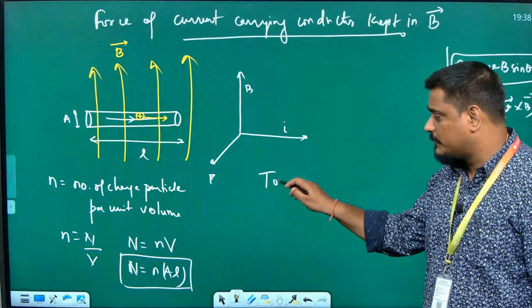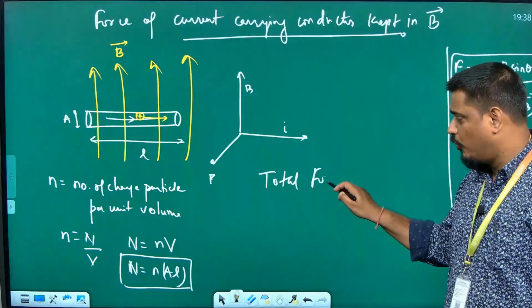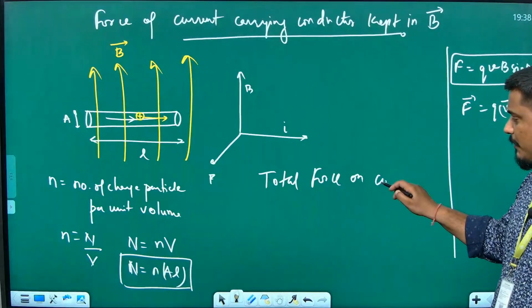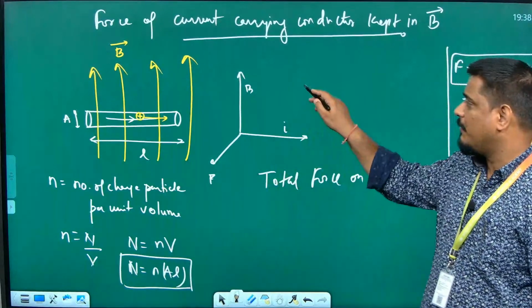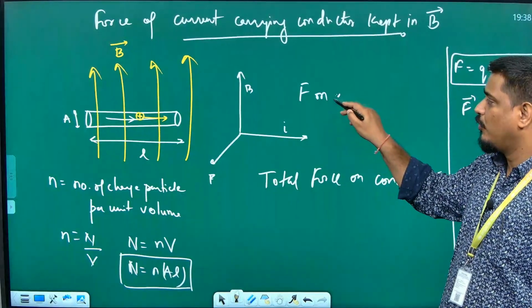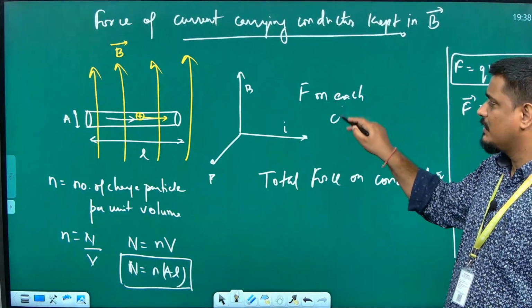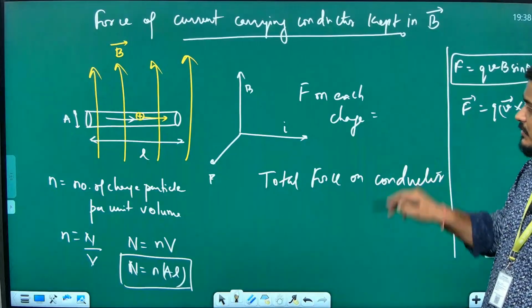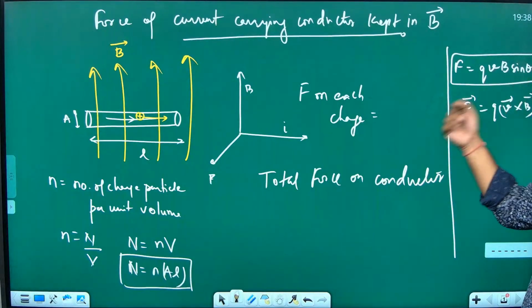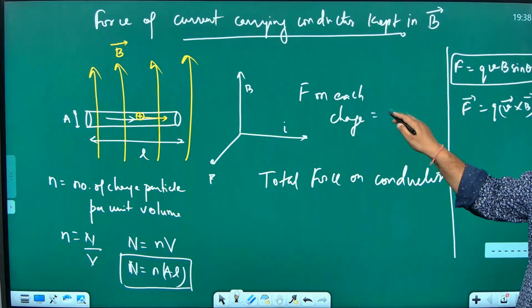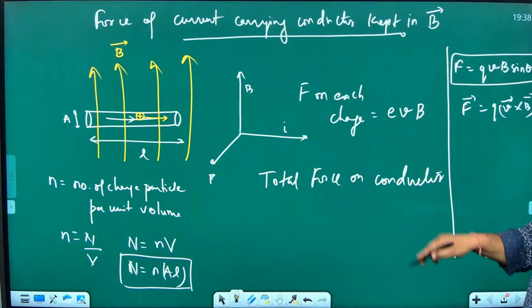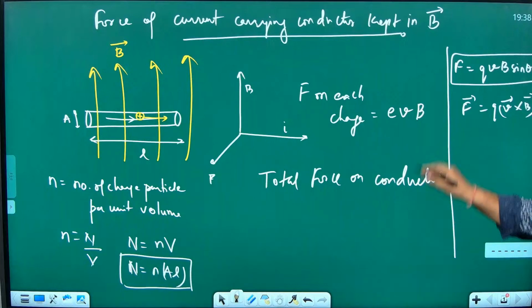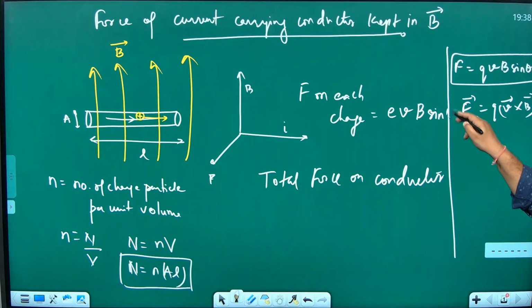Total force on the conductor will be how much? First tell me what is the force on each charge. Force on each charge will be QvB sin theta. Let it be sin theta itself.